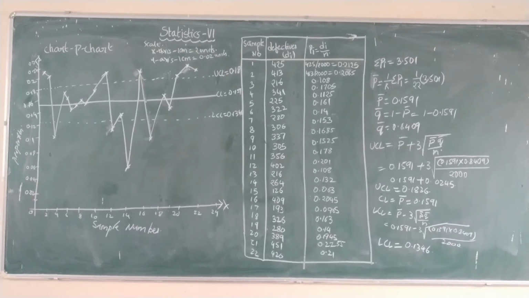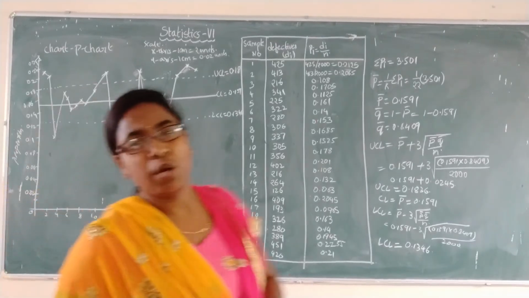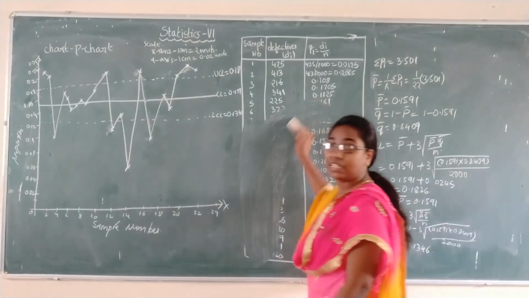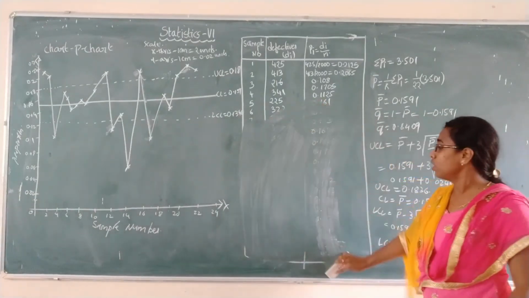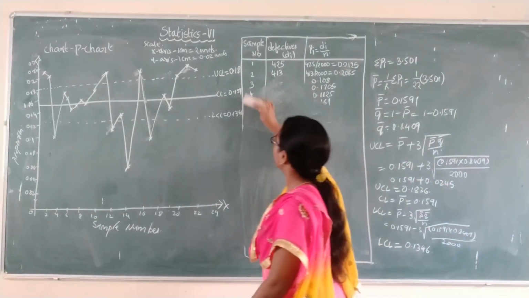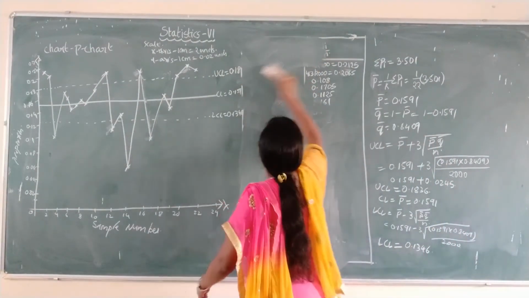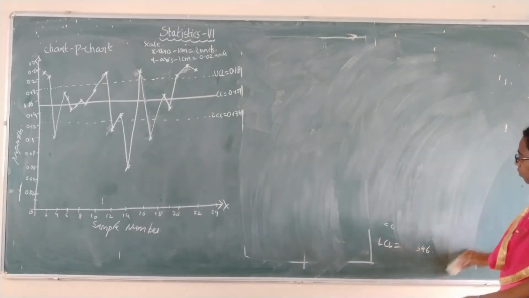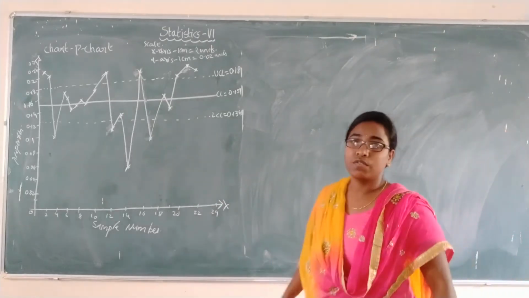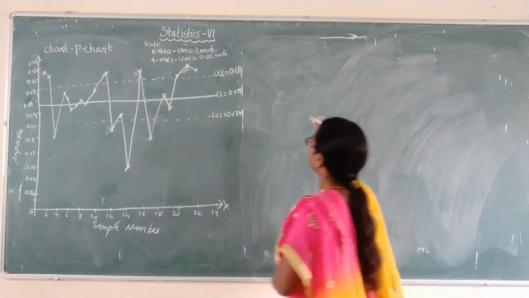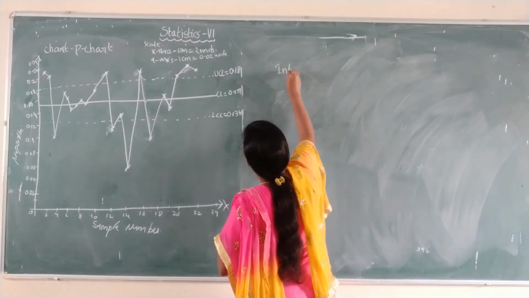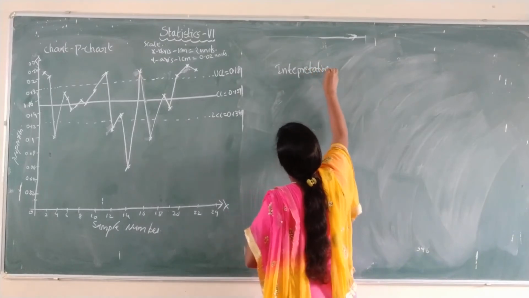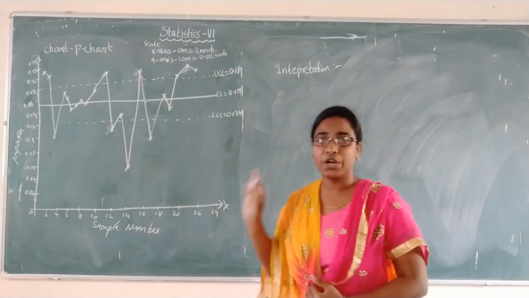So after getting this graph, we have to interpret our P chart. That means we have to find whether there are any high spots or low spots in our graph. So observe the graph. First check whether the process is under control or not.